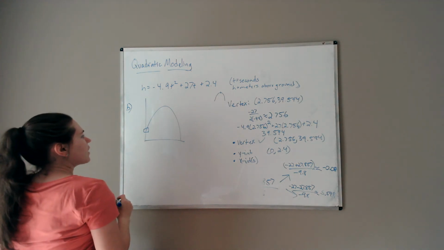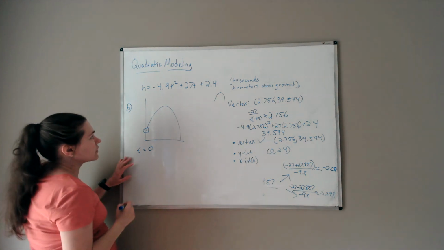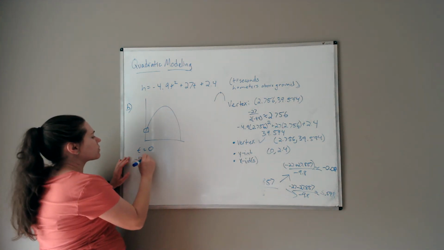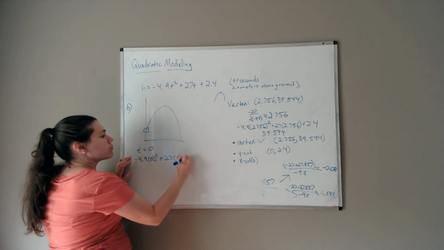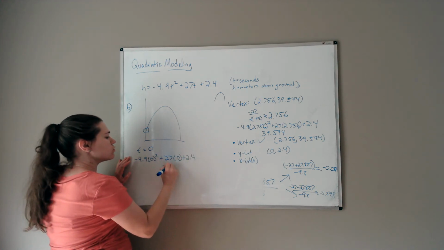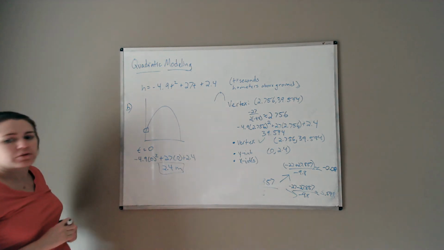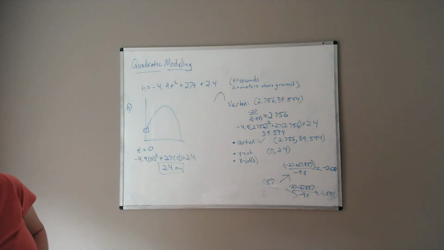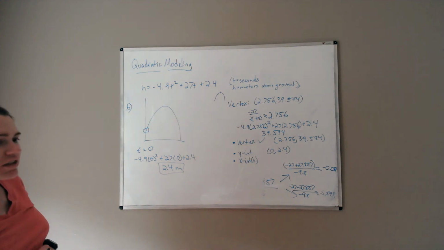If it hasn't been catapulted yet, that means the time is 0. So that's always going to be the y-intercept. So negative 4.9 times 0 squared plus 27 times 0 plus 2.4, that's going to be 2.4 meters. So that is the water balloon's height when it's catapulted. So that's B.